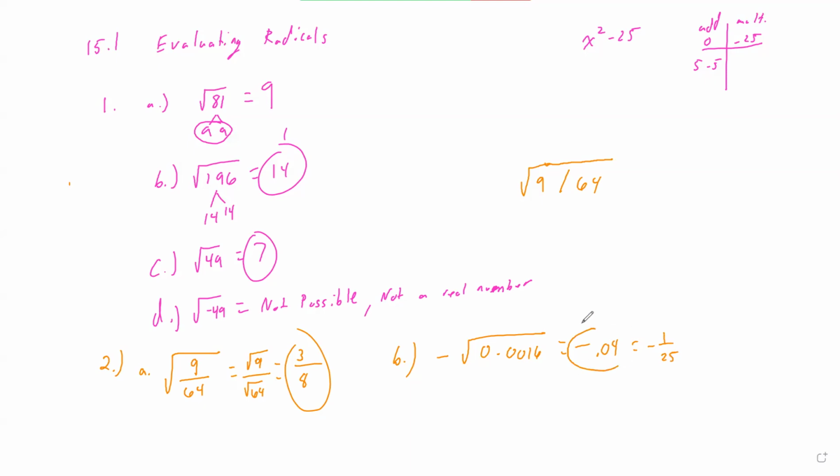The homework did take this as a decimal when you start with a decimal, but your homework does specifically say write the answer as a fraction or write the answer as a decimal. Yes. So really, this is actually 0.04, but then because of this negative, it just applies to the answer. Is that right?